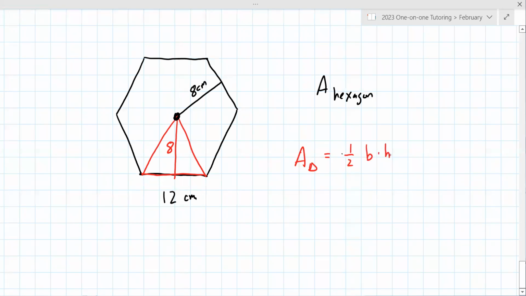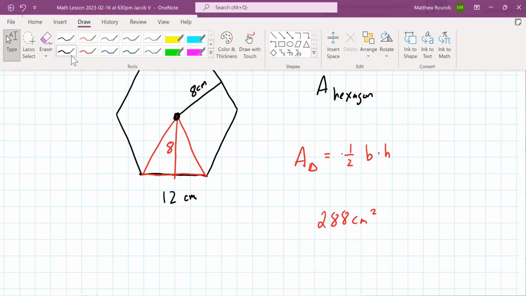Okay. So I do 12 times 8, 96. 96 divided by 2, 48. 48 times 6, 288. And then centimeters squared. Yes, very good. Okay, that makes much more sense. All right, I got it.